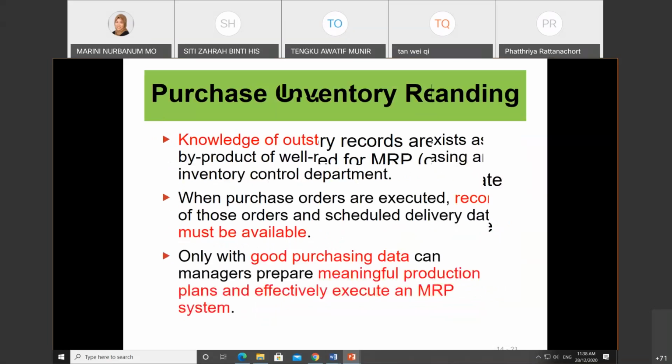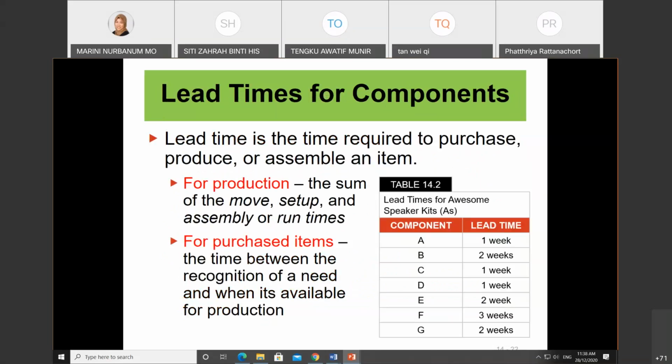And then what you need to do is, in this slide, it explains about the lead time for each activity. Lead time is explained here as the time required to purchase, produce, or assemble an item.